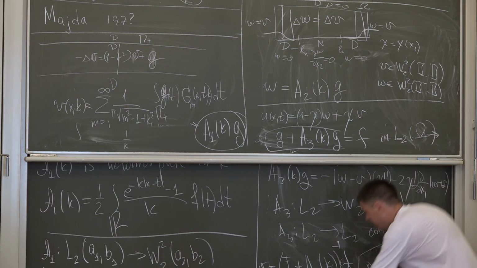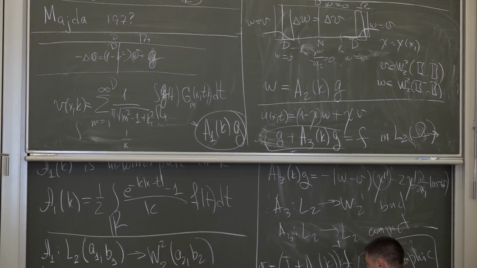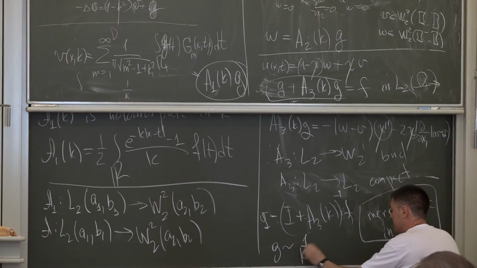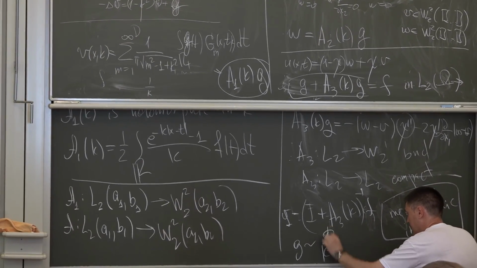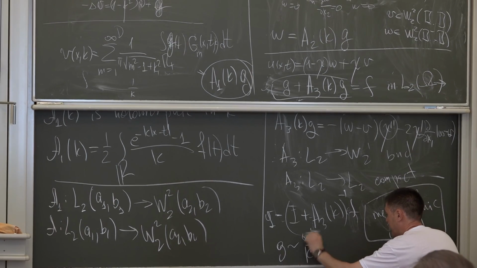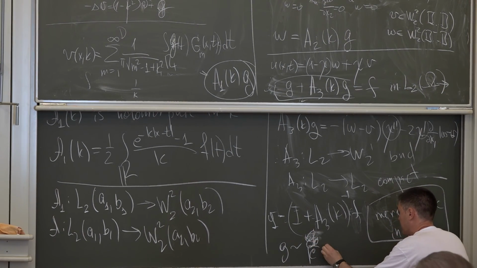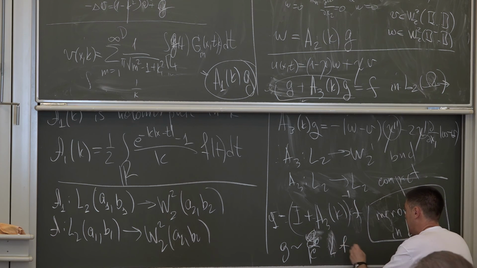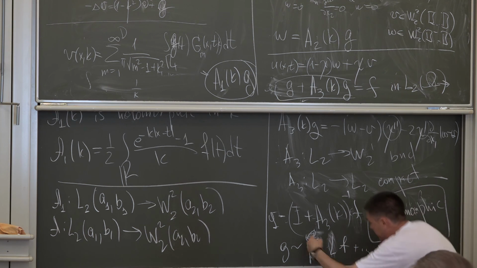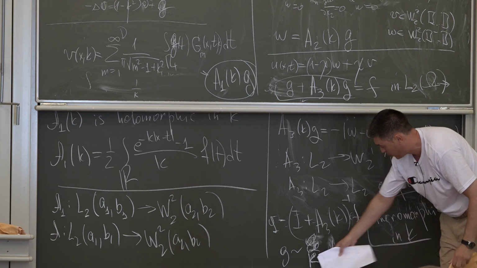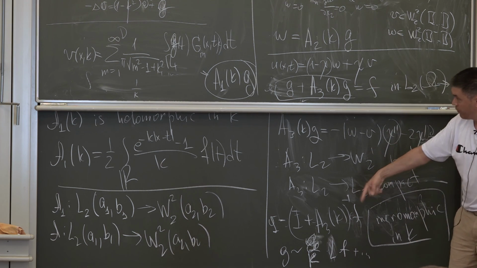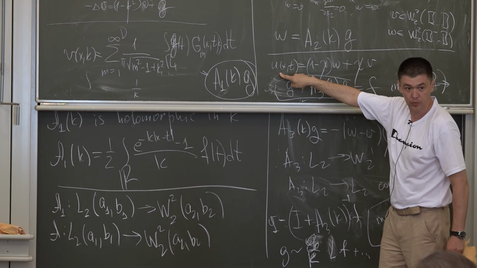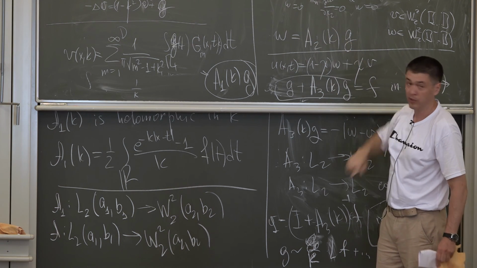And then I say that J is approximately 1 over K, times some function J0, and some functional on F. So finally, from here, I get that J has a simple pole in K. And then from this J, I recover the solution U to this boundary value problem.